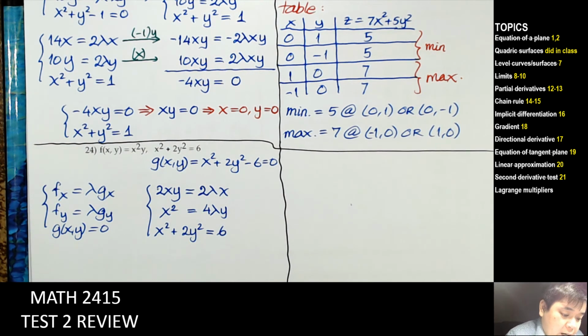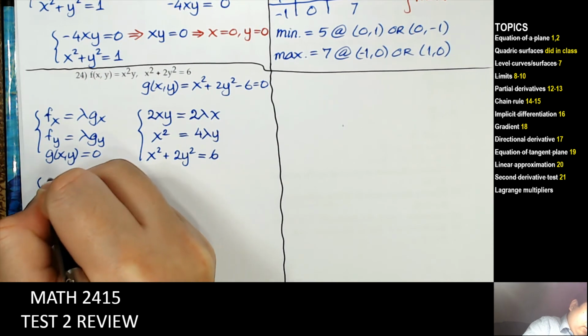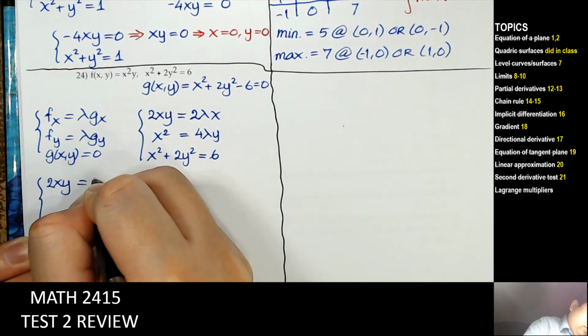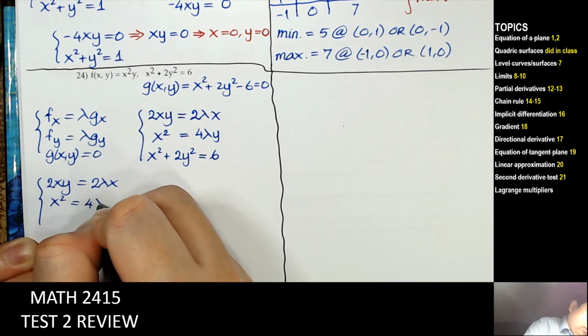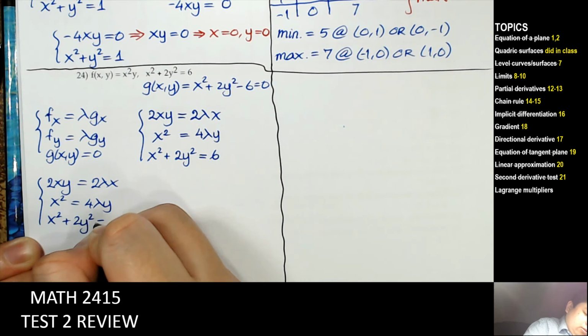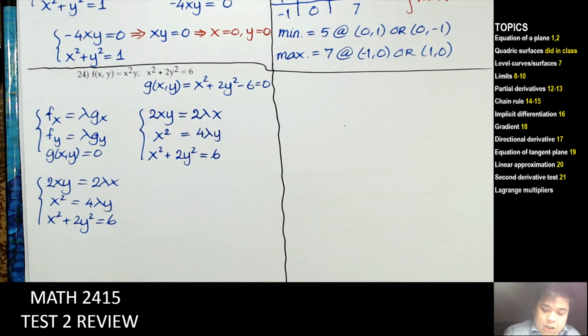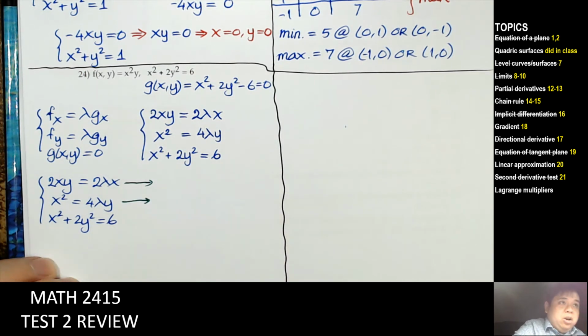Right. For that, I try to eliminate lambda still. So I have to multiply something on the top, something on the middle equation.